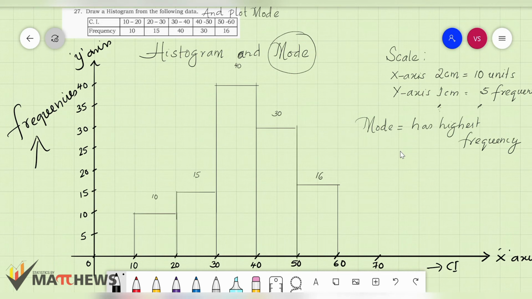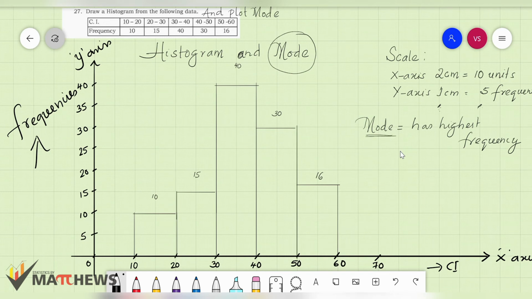So if you see here 10, 15, 40, 40 is the highest frequency. This 40 is between 30 and 40, in this class. That means one of the values between 30 and 40 will definitely be our mode, students. Mode is a value which has the highest frequency. You understand? So now how to plot this?